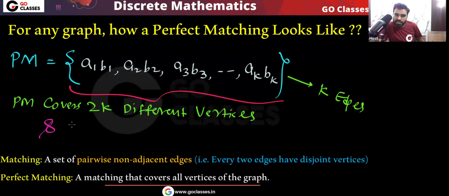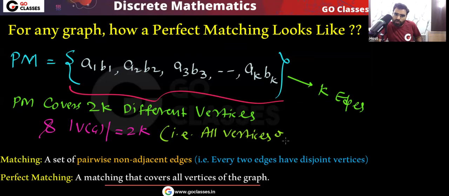So the number of vertices in the graph, the size of V(G), will also be 2K. That means all the vertices of G are covered by the perfect matching. That's it.